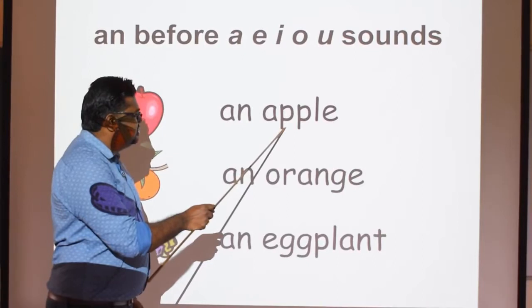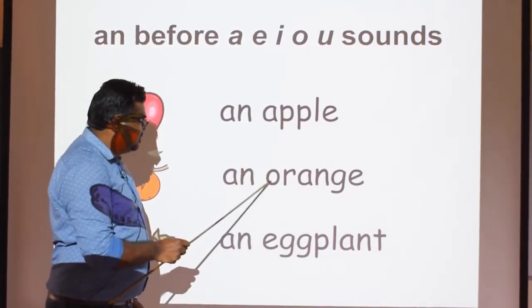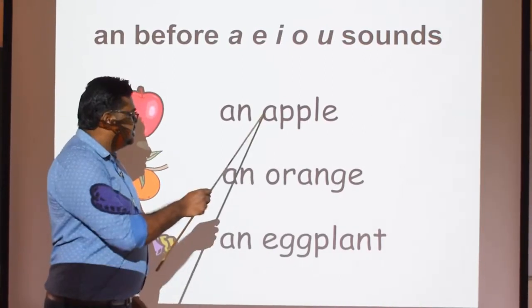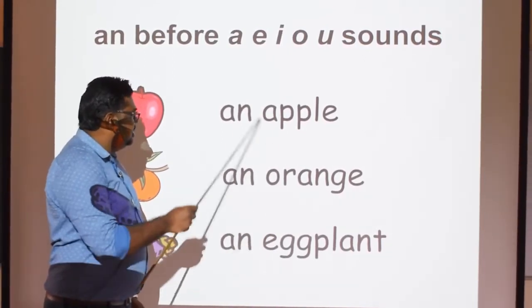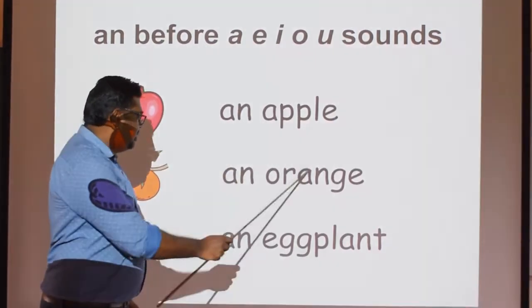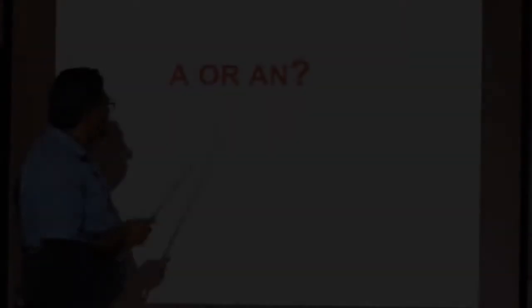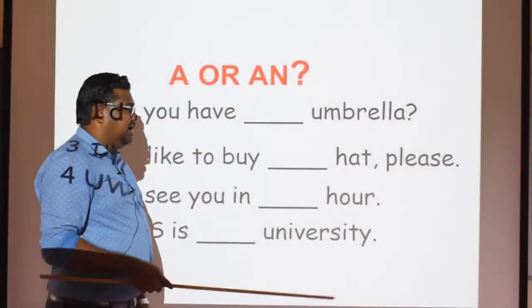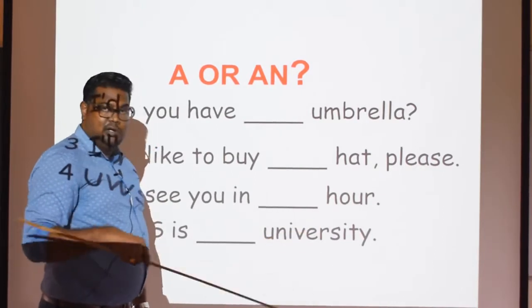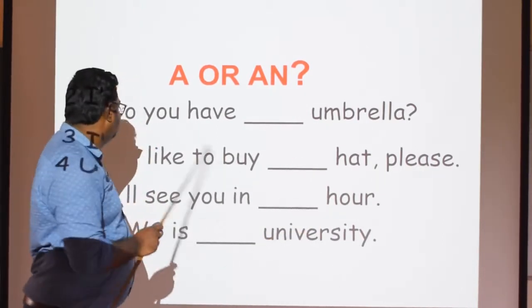The first word starts with a, the second one starts with o, and the third word starts with e. Since these words start with a vowel, we are supposed to use indefinite article an: an apple, an orange, an eggplant. Next, when to use a or an? Based on this particular aspect, we are trying to solve this exercise.